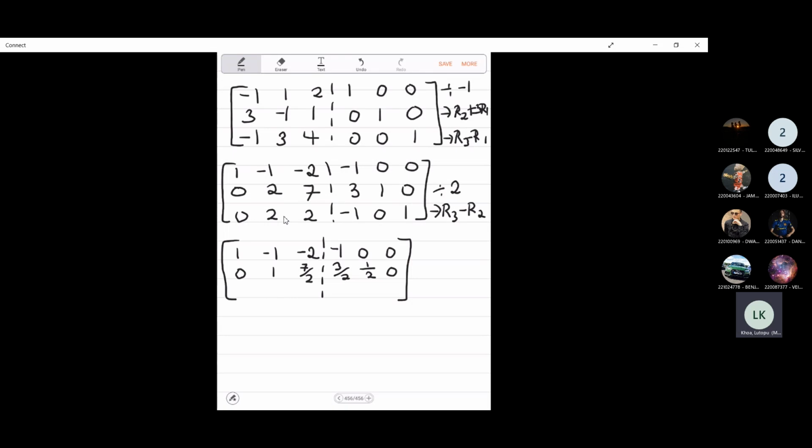And then the third row, we said row 3 minus row 2. So 2 minus 2 will get 0. So there's 0 minus 0 here. 2 minus 2 is 0. Then 2 minus 7, that gives us minus 5.